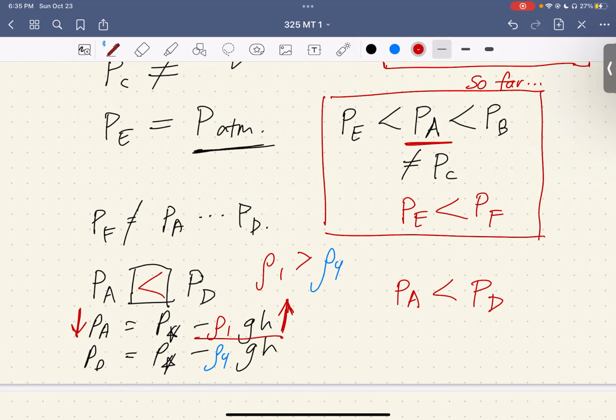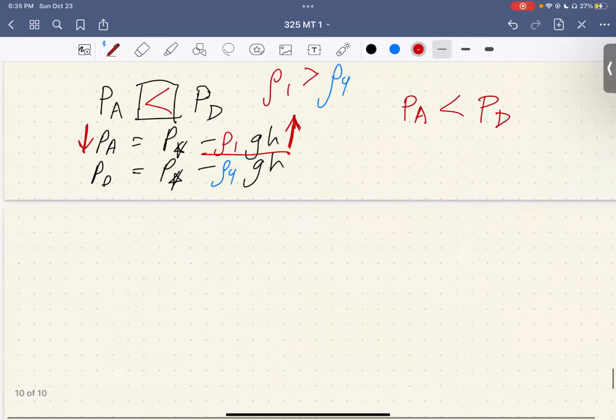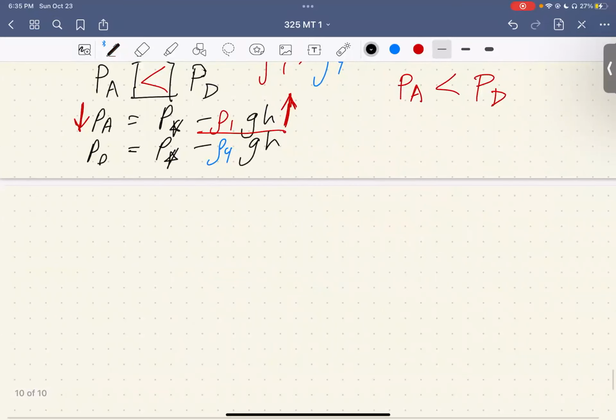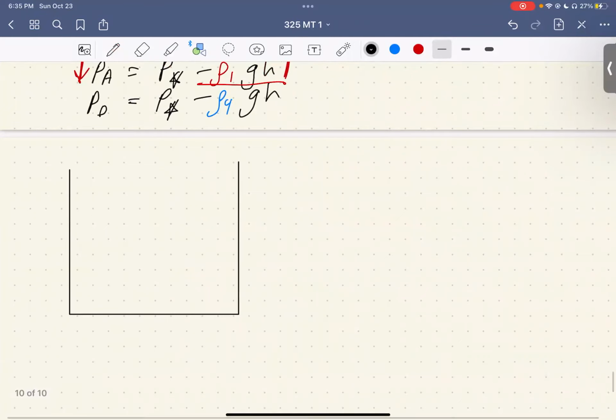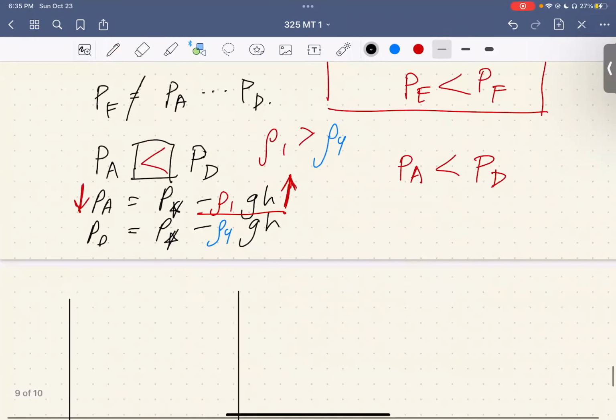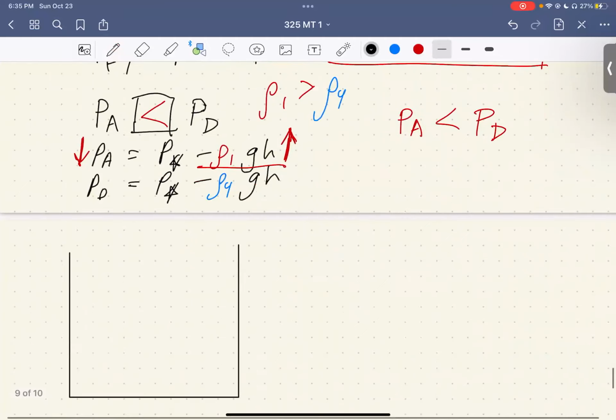So instead of continuously scrolling up and down, I'm going to redraw this right over here. So let's compare rho 2 and rho 4. We also need to compare PB and PD.